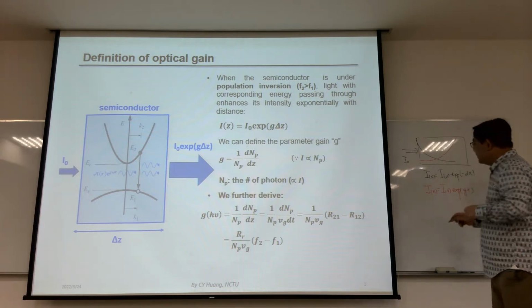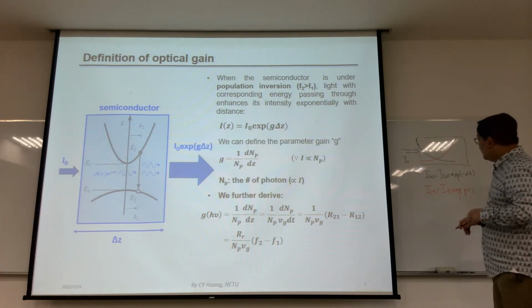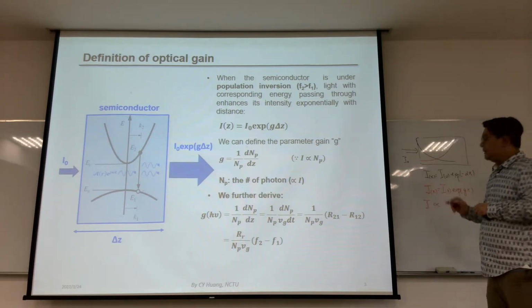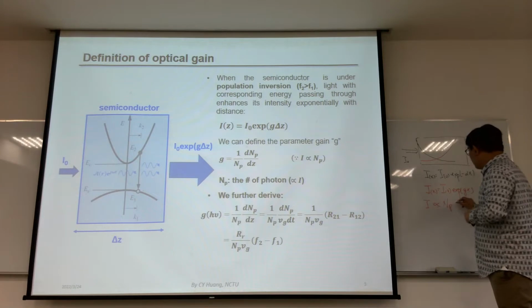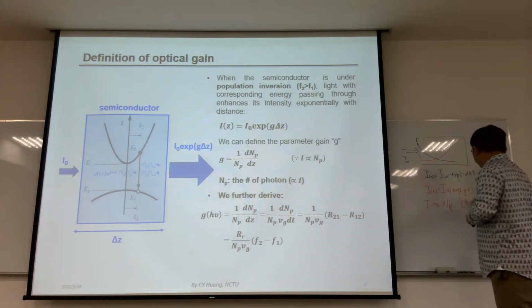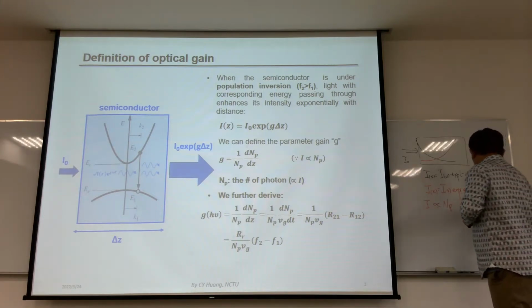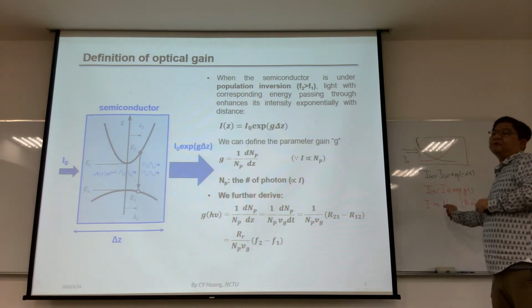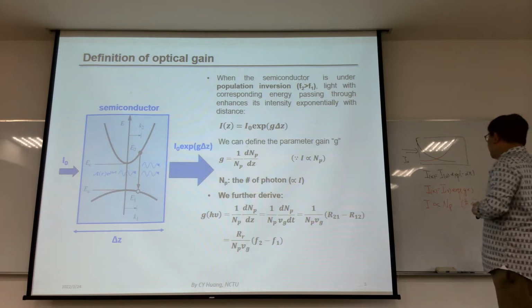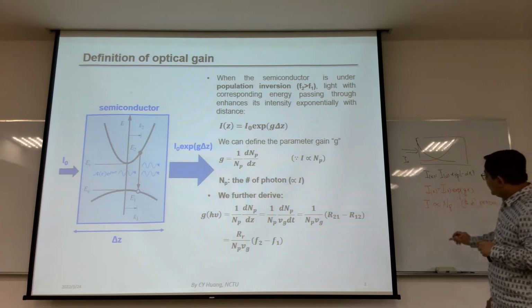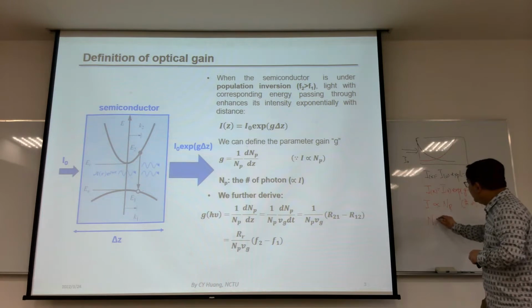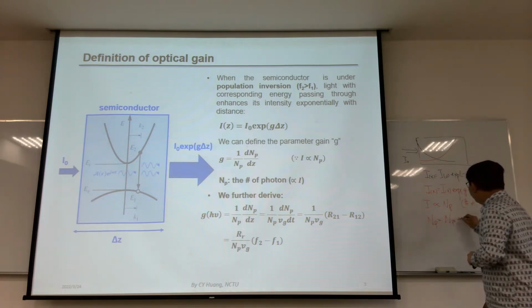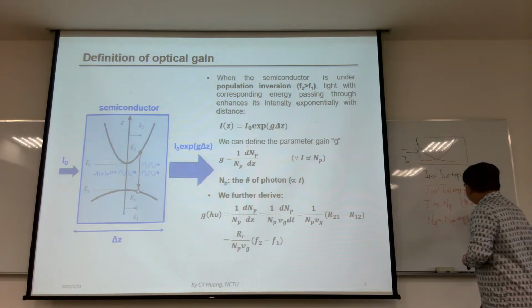If we take a derivative on both sides, and since intensity can be expressed as the number of photons, N_P is N_P0 exponential g x.